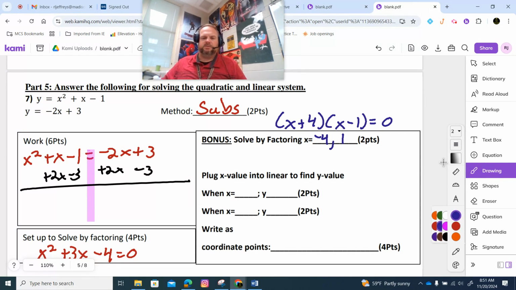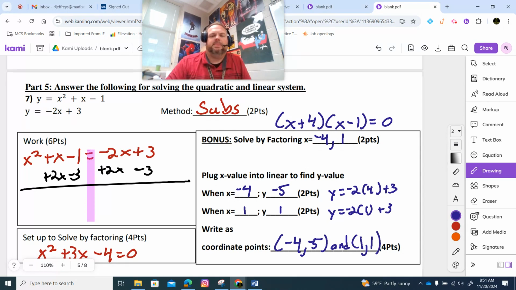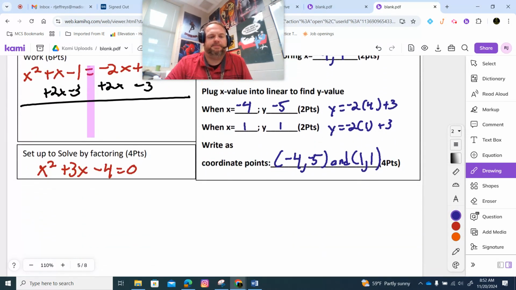So when x is negative 4 and when x is 1, y equals negative 2 times negative 4 plus 3, and y equals negative 2 times 1 plus 3. You can plug that in. We get 11 and 1. So negative 4, 11 and 1, 1. Bam! Everything on the right is bonus. Lovely.